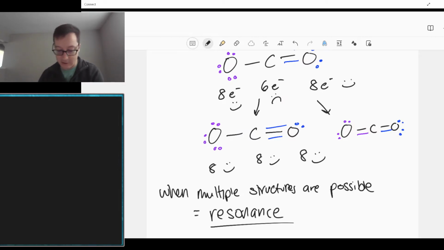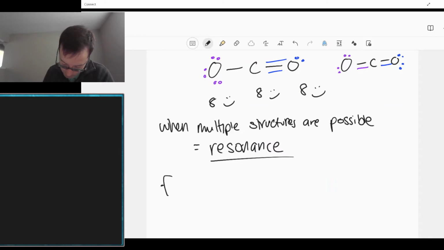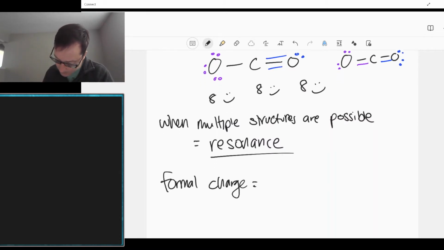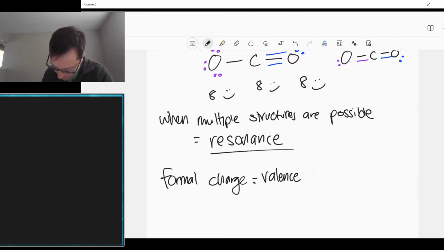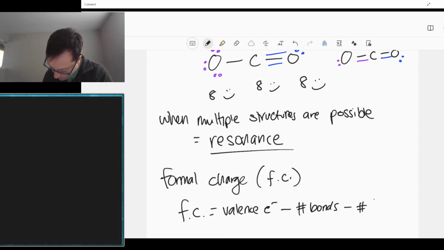So we're going to introduce something called formal charge. The formal charge on an atom is going to be the valence electrons for that atom minus the number of bonds minus the number of lone pair electrons.